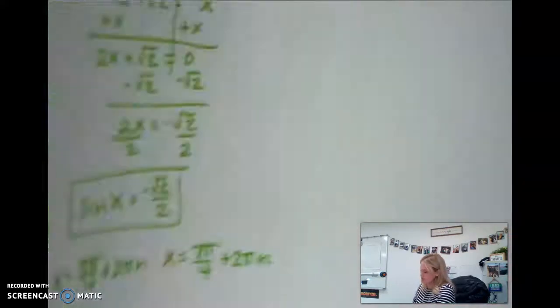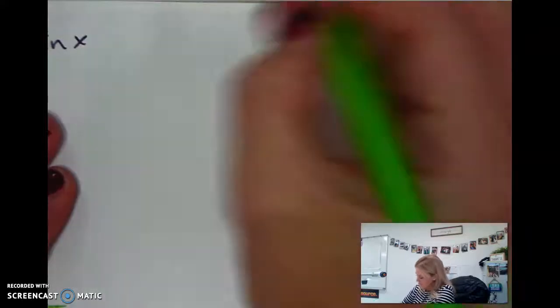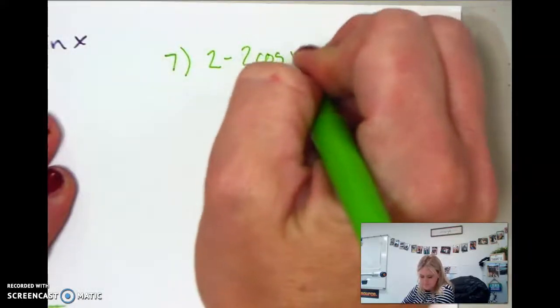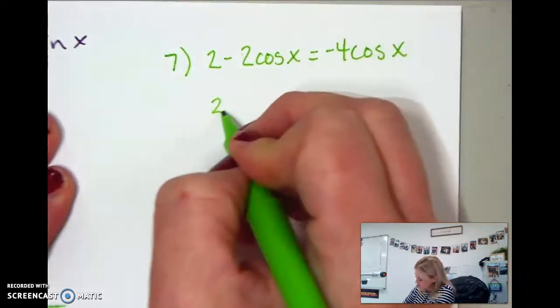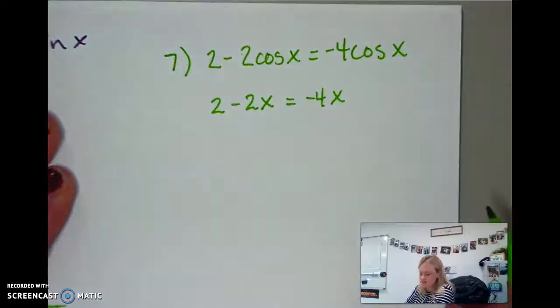All right, let's try a little bit harder with some algebra. Again, if you want to drop the word cosine, then this would look like this. And sometimes that's just easier to see.